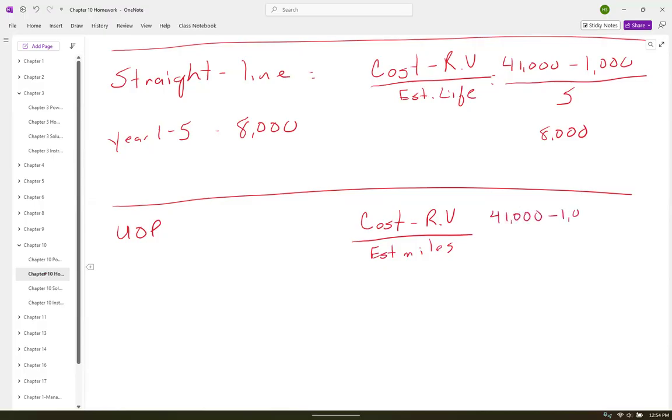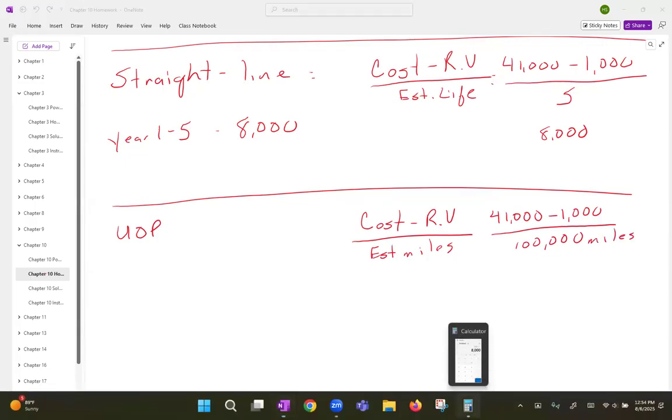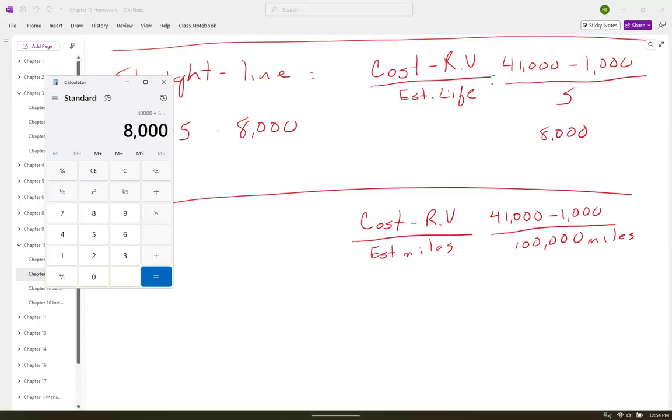We have 41,000 minus the 1,000, and we're going to divide that all by 100,000 miles. So instead of a per year amount, we are going to get a per mile depreciation.